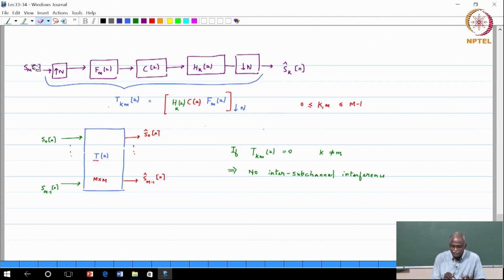If you take one particular set of input output relationship, it is T k m of z, which is given by the zeroth polyphase component of Hk of z, C of z, Fm of z. If you combine them, now you have all the inputs and all the outputs, you will form an m by m matrix, all of which are obtained through this operation, correct. But for each of them, Hk will change or Fm will change. C of z is there for all of them, because all of them pass through the same channel.